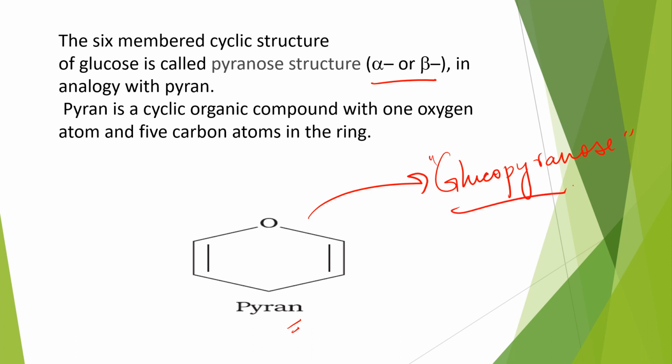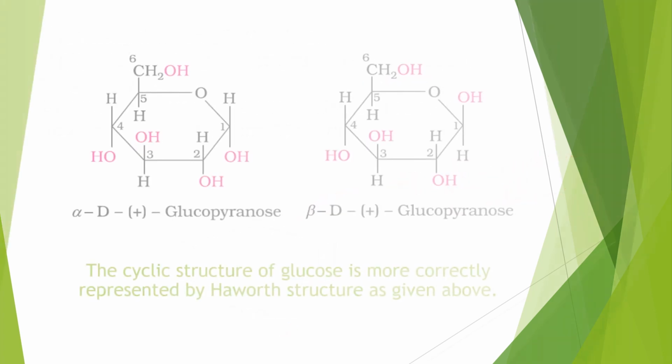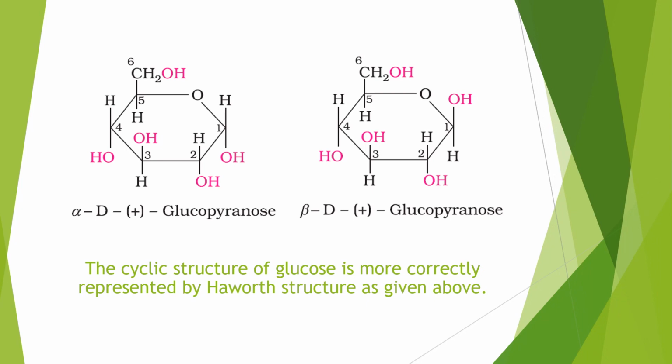So as we have seen earlier, in alpha D plus glucose, the carbon atom had an OH group on the right side and H on the left side in alpha form.